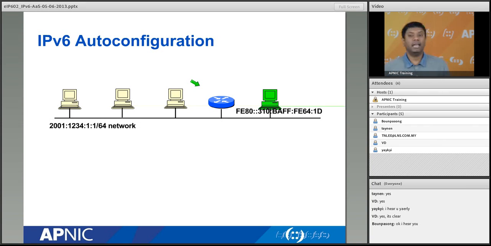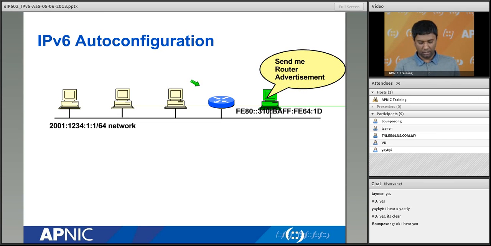Okay. Then at the second stage, when it has its link local address, the machine will try to send another multicast message in the network and try to see whether there is any router. And if there is any router, this router will give the global address to the machine, and by having the global address, it will try to communicate outside the LAN, right?